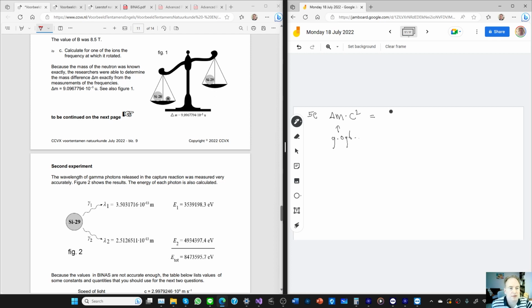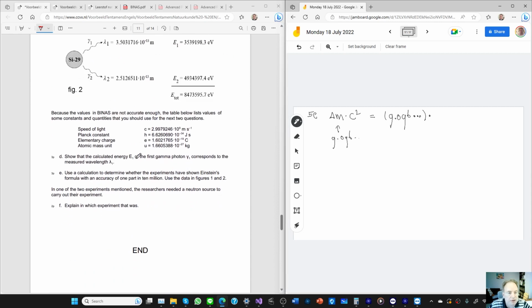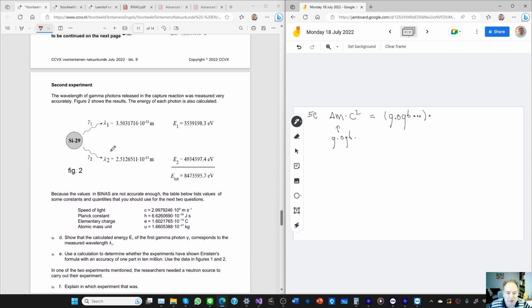So it's that 9.0967794 times the mass constant, the atomic mass unit, which is also given here.